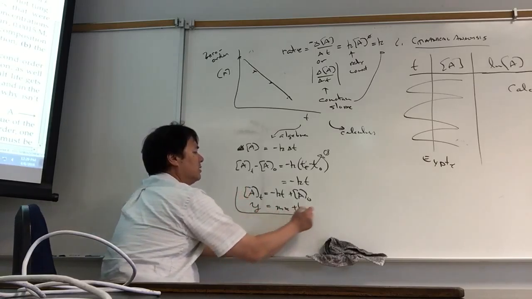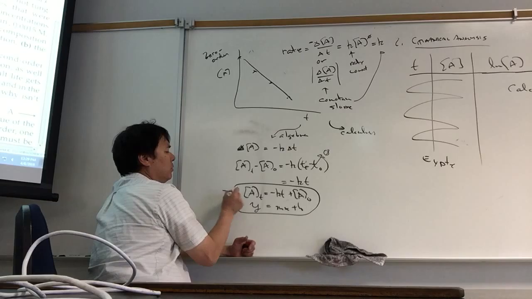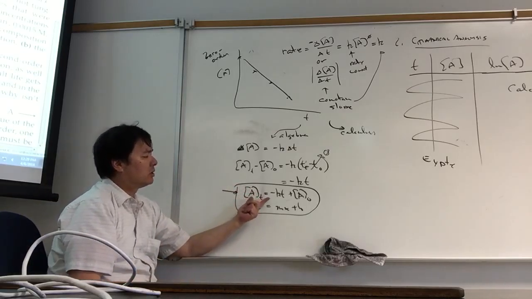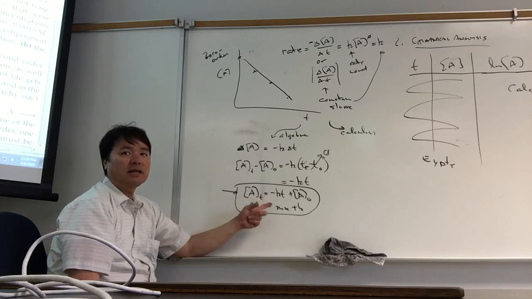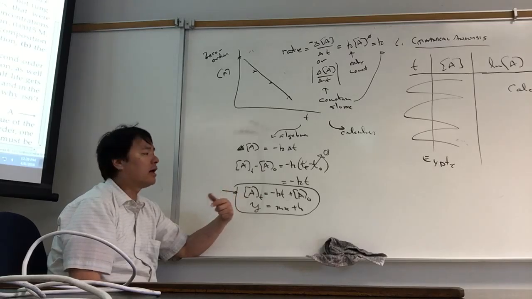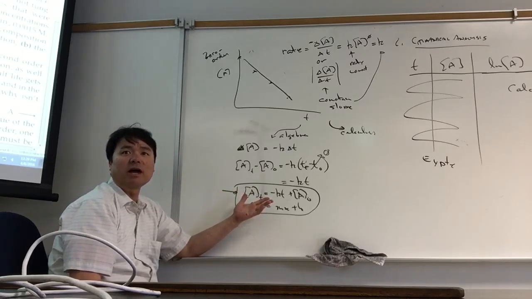This is called the integrated rate law. This is very important because this allows us to determine how much at any time or how long for any concentration. So if we wanted a question like how long will it take to get 99% reaction, we could easily answer it using the integrated rate law.